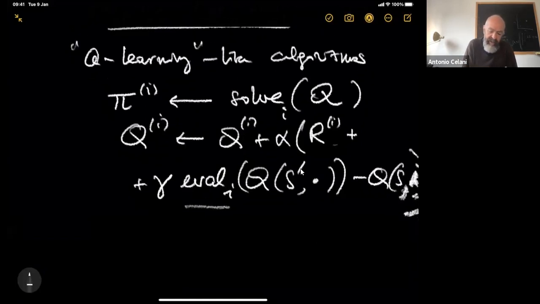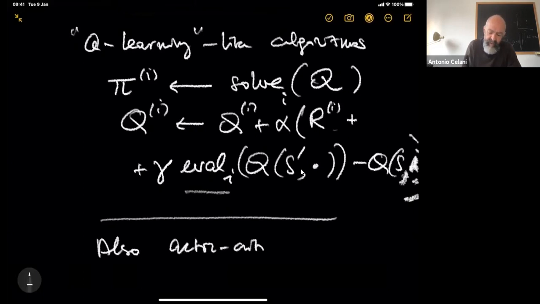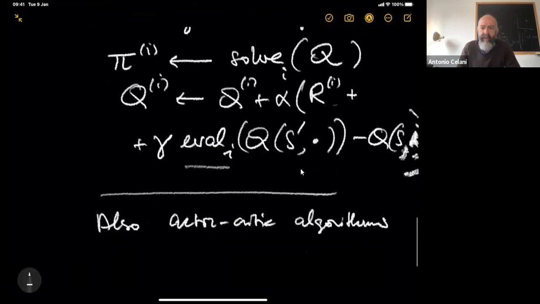What I want to add also is that, of course, as you can use this generalization of Q learning, you can also use actor critic algorithms, which, as we discussed yesterday, combine the operation of gradient ascent in the space of policies with the operation of temporal difference learning in order to estimate the temporal difference error.